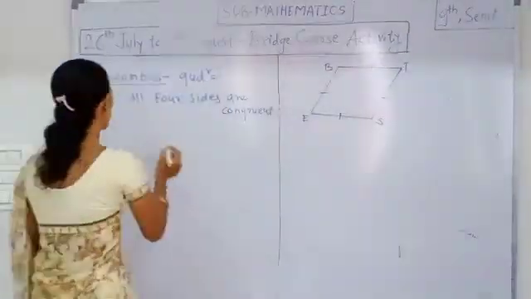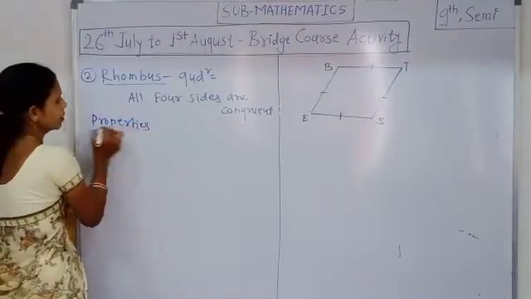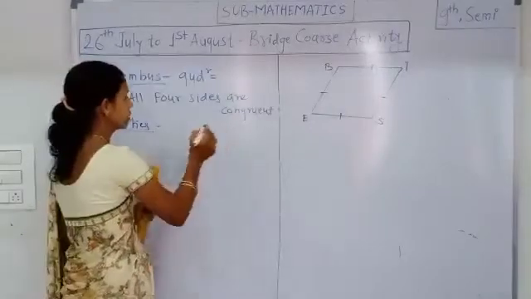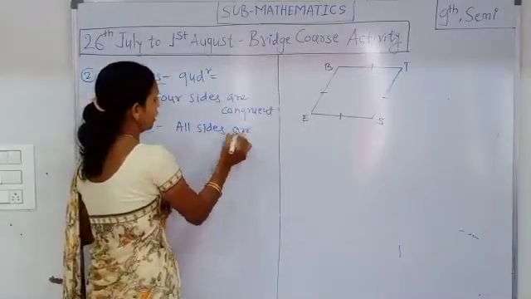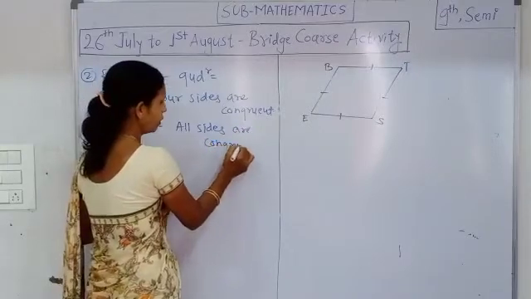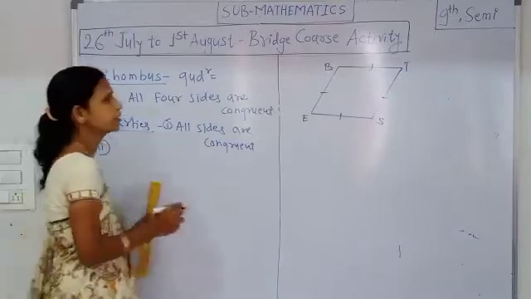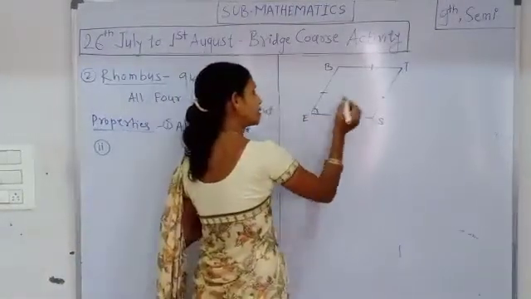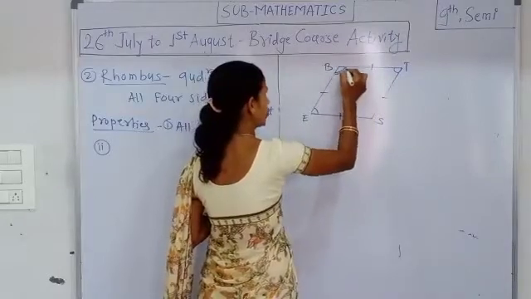Now a few properties of a rhombus. All sides are congruent, and one more property is that the opposite angles of a rhombus are also congruent.